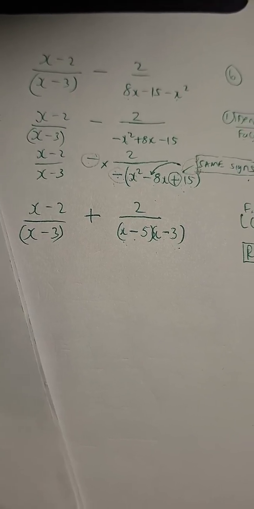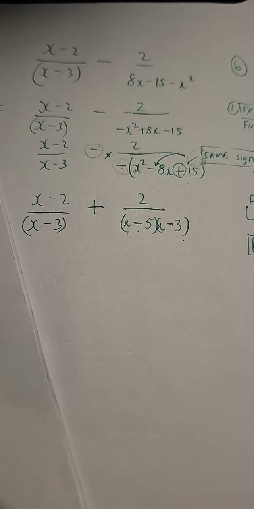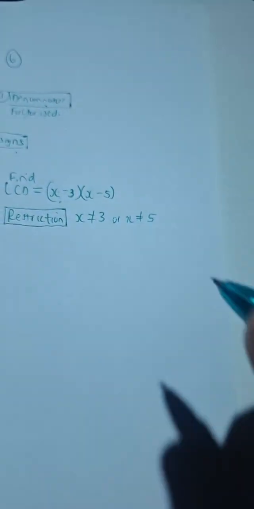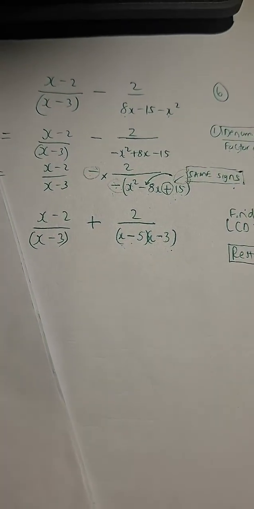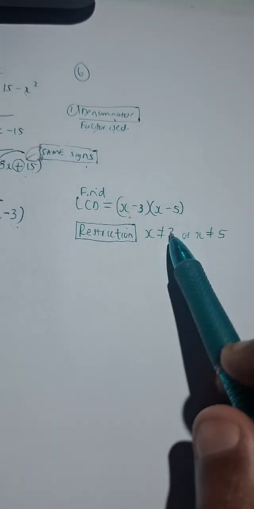If we divide by 0 for any fraction, it means that the fraction is undefined. Very good. Undefined. So we say x cannot be 3 or x cannot be 5. Undefined is what I was looking for.